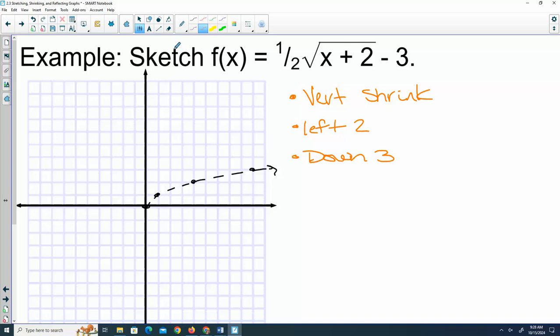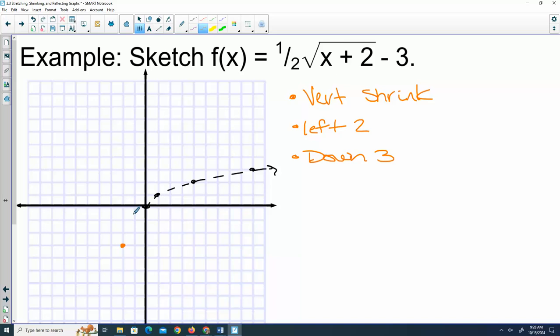So, the vertical shrink, it's affecting my y, it does what it says. So if I take my y times 1/2, if you're at 0 times 1/2, it's still 0. And then I move that left 2, down 3. Alright, if I take 1, 1, if I take my y times 1/2, the height is now 1/2.